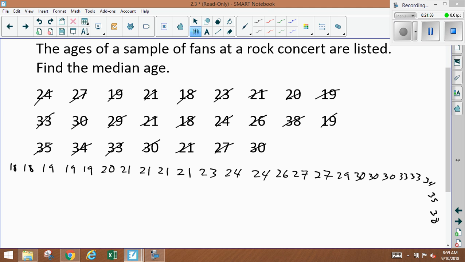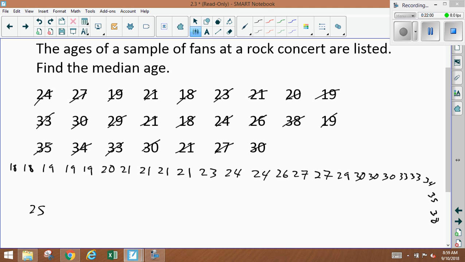How many total entries do we have? 1, 2, 3, 4, 5, 6. I was going to do multiplication. That works. 7, 21 plus 4. You've got 25 total entries.